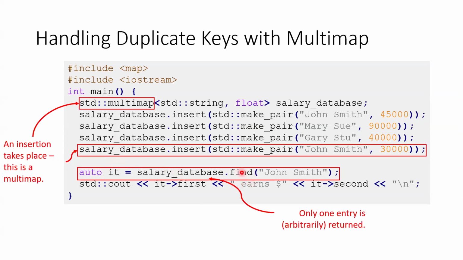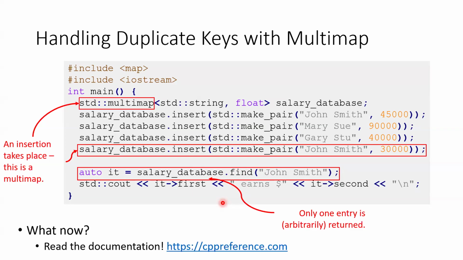But when we call the find function, it's still going to only return a single iterator. So that's not what we want. Let's look back into the documentation again and see if multimap provides any other options.